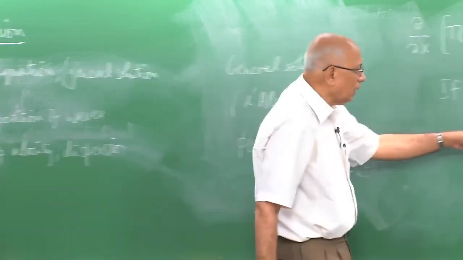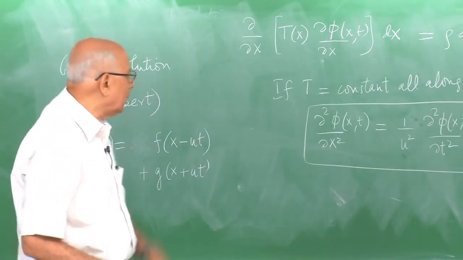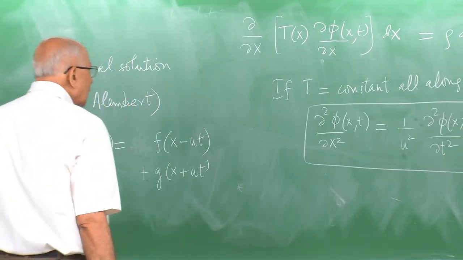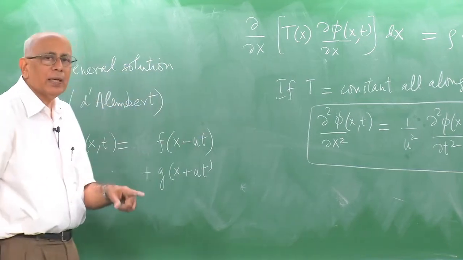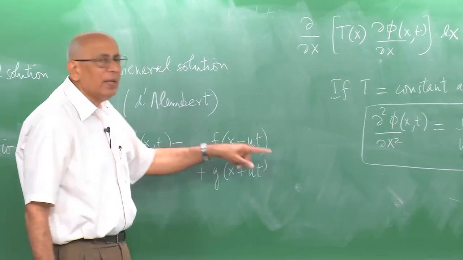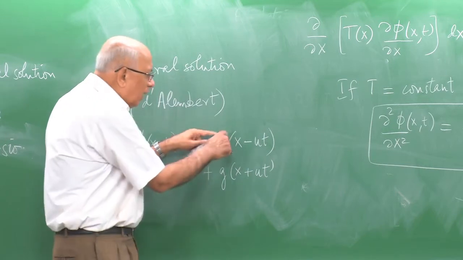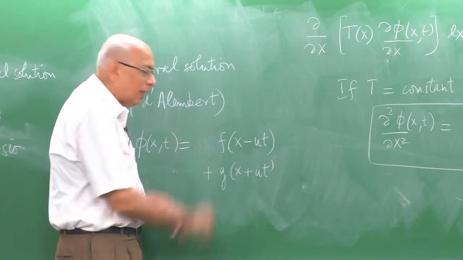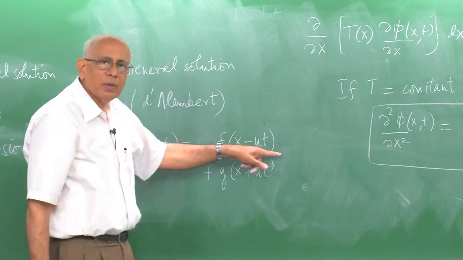It is a second order equation, so in a loose way you would expect there are two independent solutions, and you can see where this comes from. If I took this function and differentiated it with respect to x, keeping t constant, a partial derivative with respect to x, I would get an f prime of whatever is inside. If I differentiate twice, I would get f double prime of this combination.